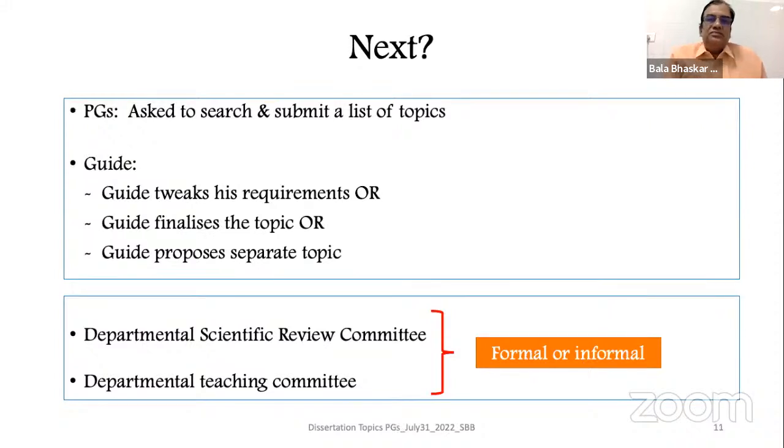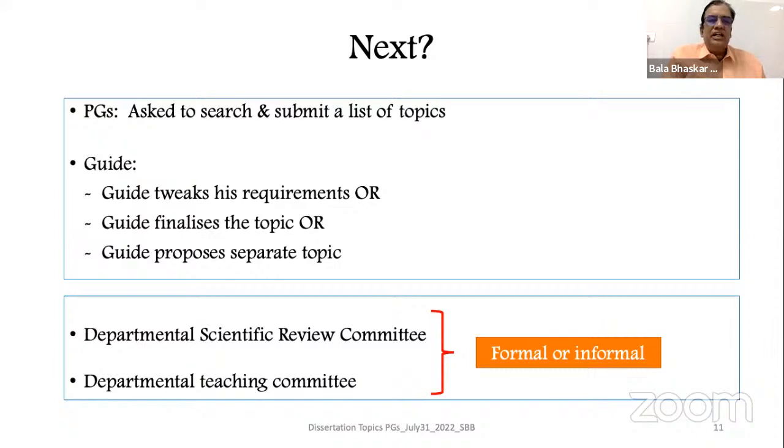So this is a broad outline which I have given. Normally, the PGs are asked to search for certain topics and submit a list of topics. He or she is expected to prepare a list, and the guide would go through this, and will tweak it sometimes, or reduce the list also, and will finalize the topic.